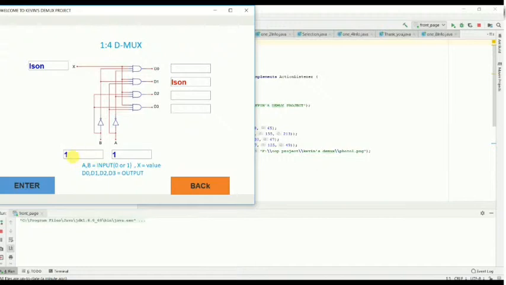Now I will show you the 1 cross 8 demultiplexer. In the 1 cross 8 demultiplexer, you have a total of 3 inputs where you can enter 0 or 1, and 1 is for the data input. Here we enter data, ICT or branch name. First enter 0, 1 and 1.